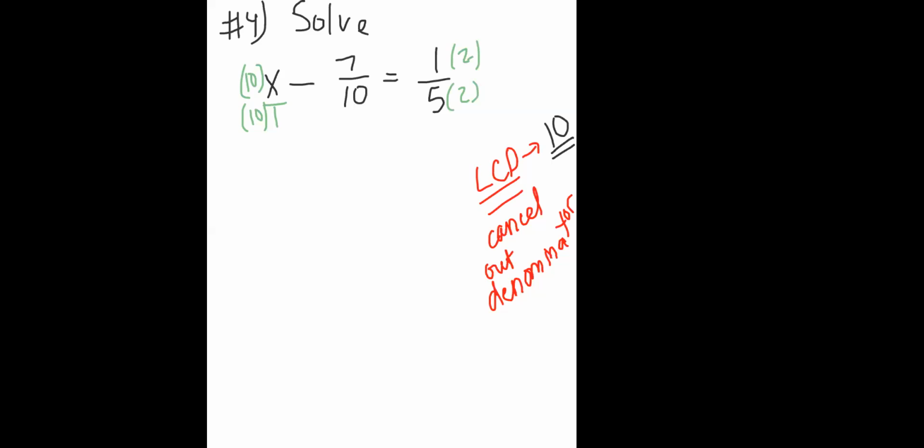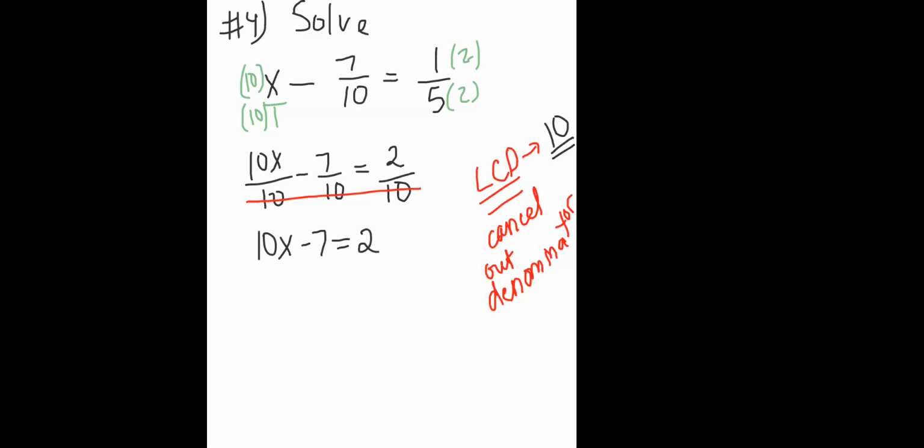So we have 10x over 10 minus 7 over 10 equals 2 over 10. At this point, we can cancel out all of those denominators, so you're left with 10x minus 7 equals 2. Now this is a regular two-step equation.